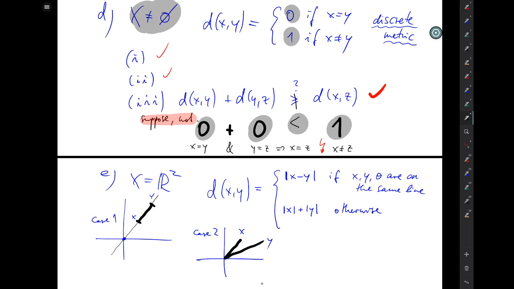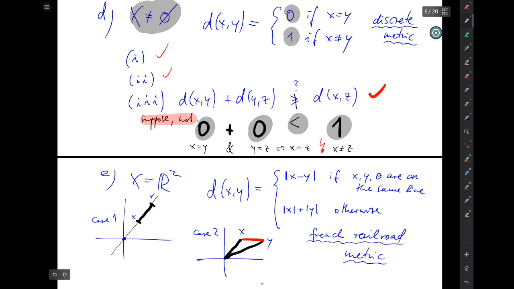So it's the sum of these 2 black lines rather than just the length of the direct connection from x to y. Indeed, this turns out to be a metric also, and it's called the French railroad metric.